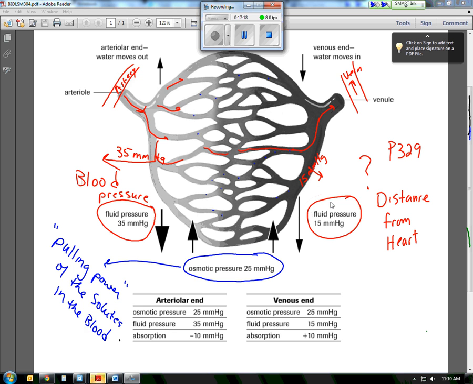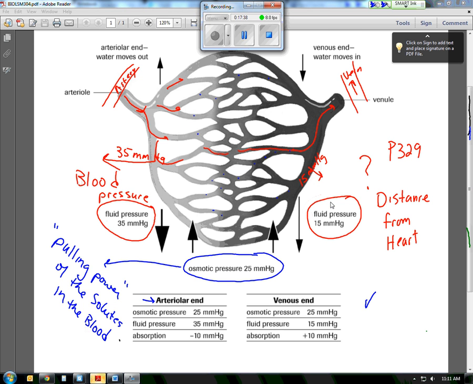So let's go down to here a minute. This is actually by far the most important part of this. Do you understand what's happening? We're going to look at the arterial end first. At the arterial end, notice how the pressure changes are different from each other.